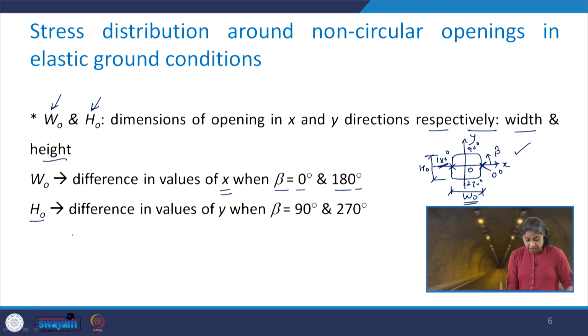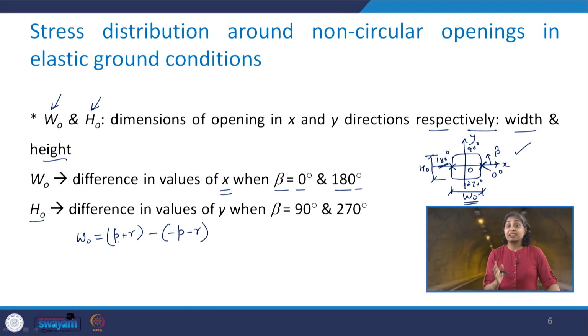So, basically W naught will be equal to P plus R minus minus P minus R. We get this by substituting the respective values of beta in our equations 1a and 1b. So, W naught you will get here as twice P plus R.